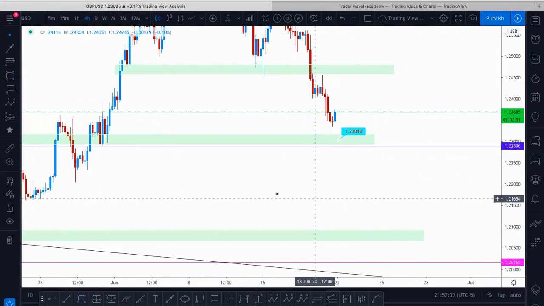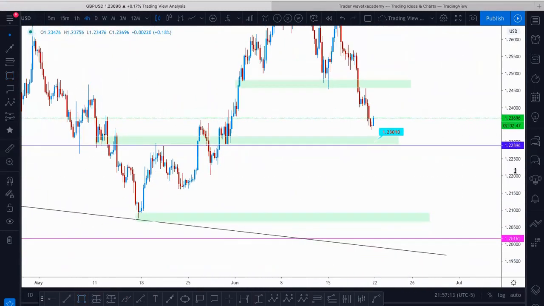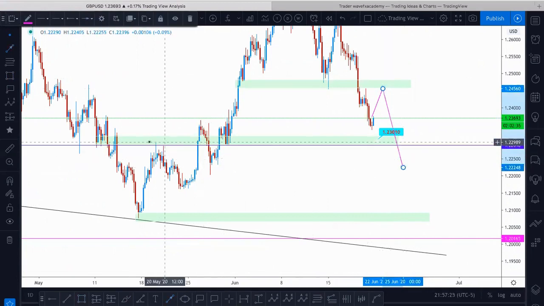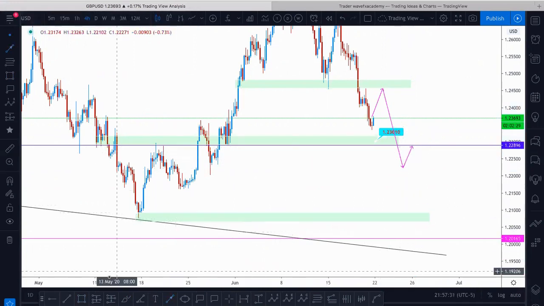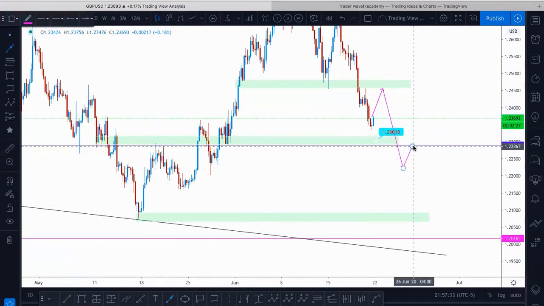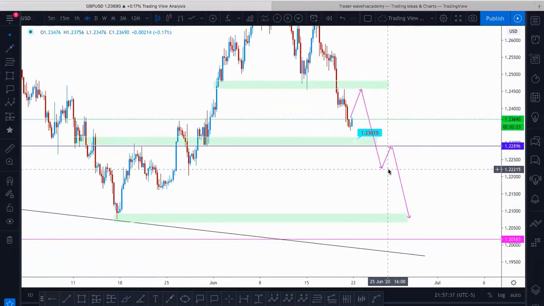So since this is a weekly forecast and an outlook to see what the market will do throughout the entire trading week, we would be looking and anticipating for price to revisit this area. And from here, we can anticipate a break lower of this structure. Maybe we get a retest in that area, and then we can look for the market to finish off its move here.